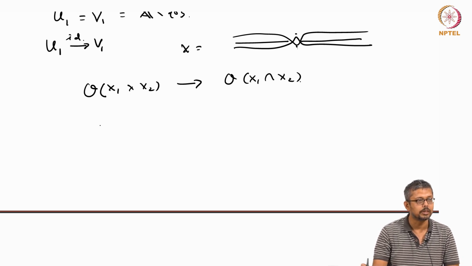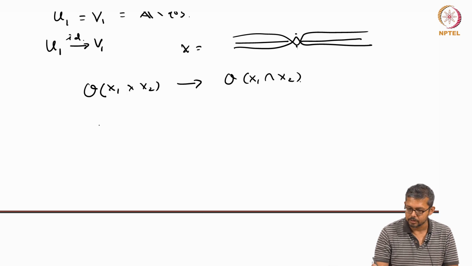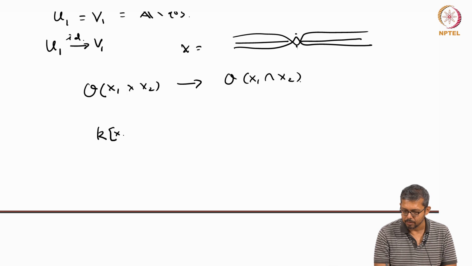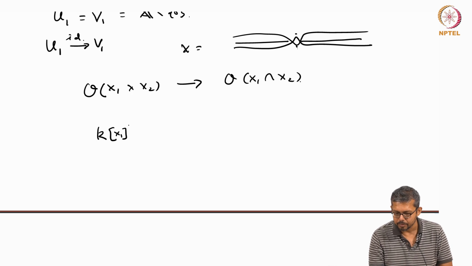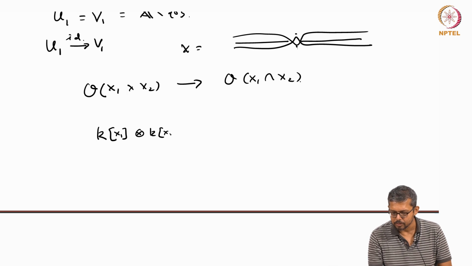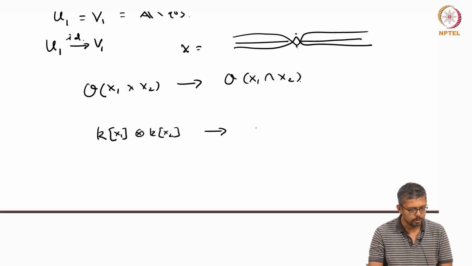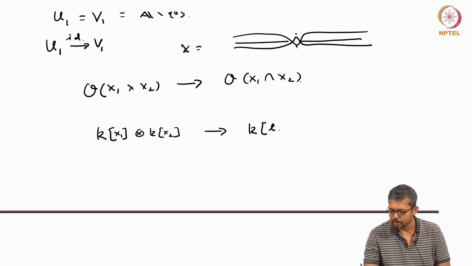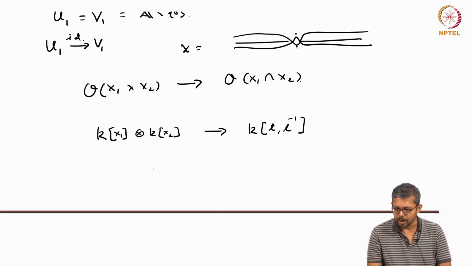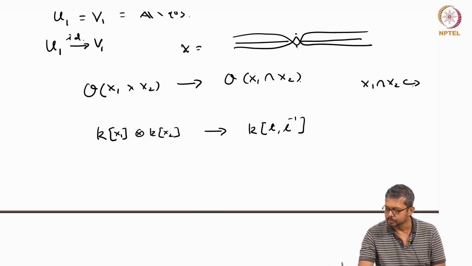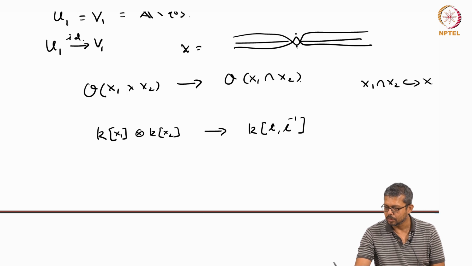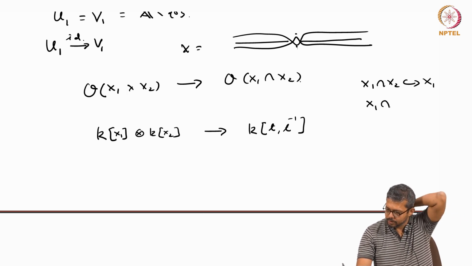X1, X2, X1 intersection X2 are affine. So then this is the same as K[x1], say the coordinate ring, tensor K[x2]. So this will be K[T, T inverse]. And the map is the inclusion map X1 intersection X2 to X1, X1 intersection X2.